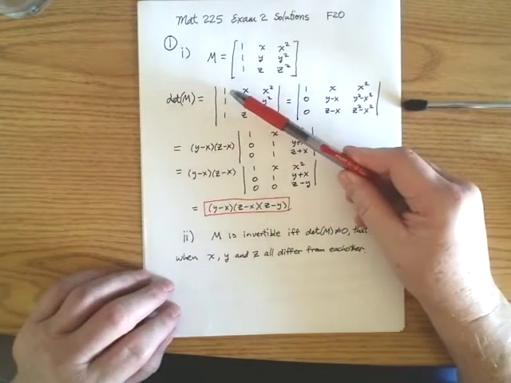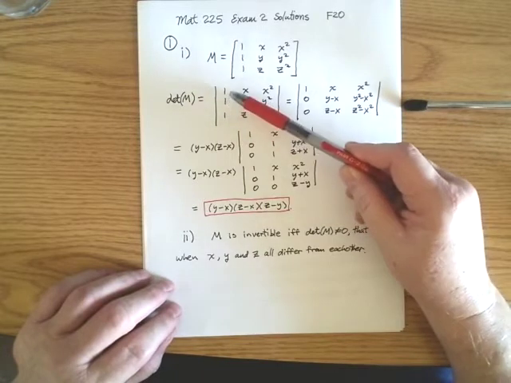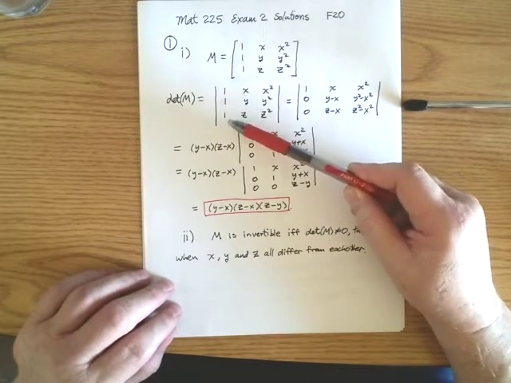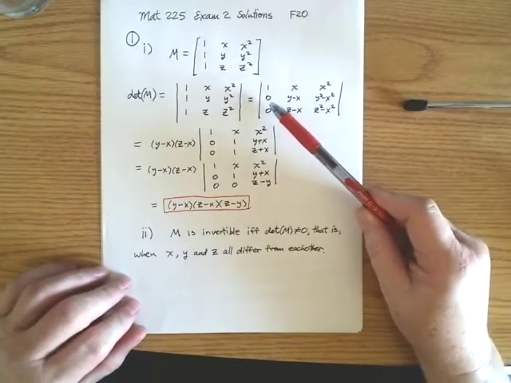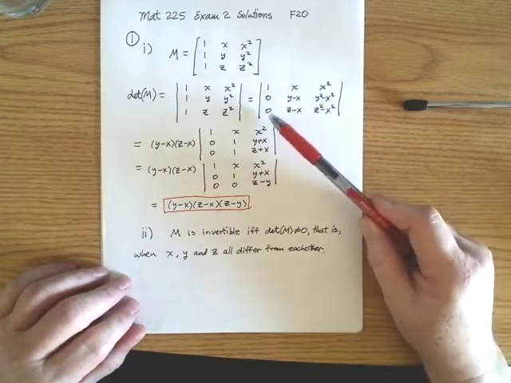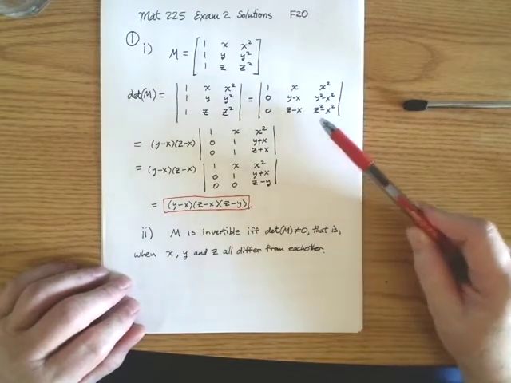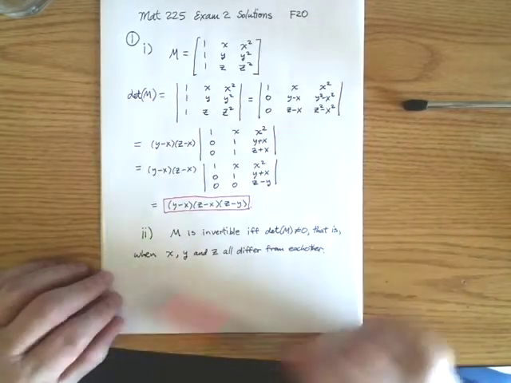I'm going to go -1 times the first row added to the second row, and -1 times the first row added to the third row. So the first row is unchanged. The second row becomes 0, y minus x, y squared minus x squared. The third row, 0, z minus x, z squared minus x squared.